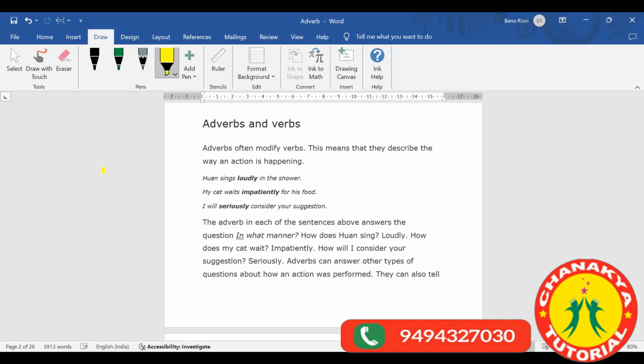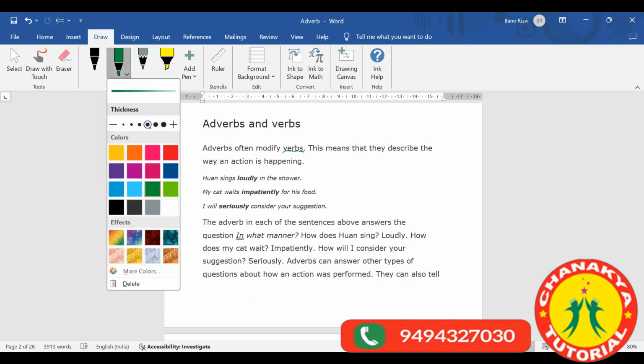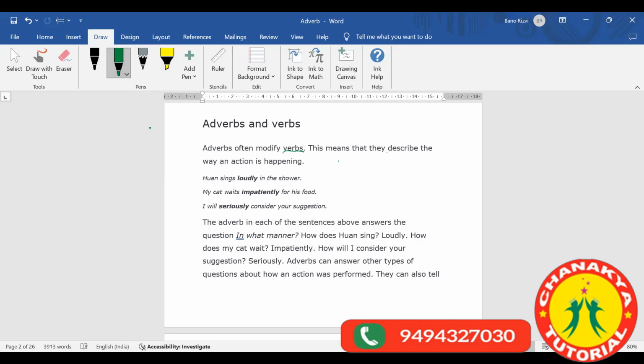Now adverbs, like I told you, often modify verbs. So this means that they describe the way an action is happening.